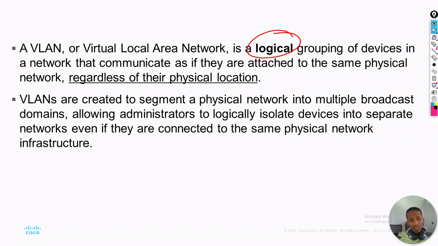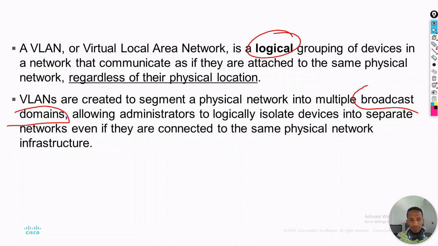So why do we need to create segments in VLAN? So that we'll have multiple broadcast domains. So what is a broadcast domain? A broadcast message is a message that is sent to each and every device in that network. There are so many broadcast messages every time.